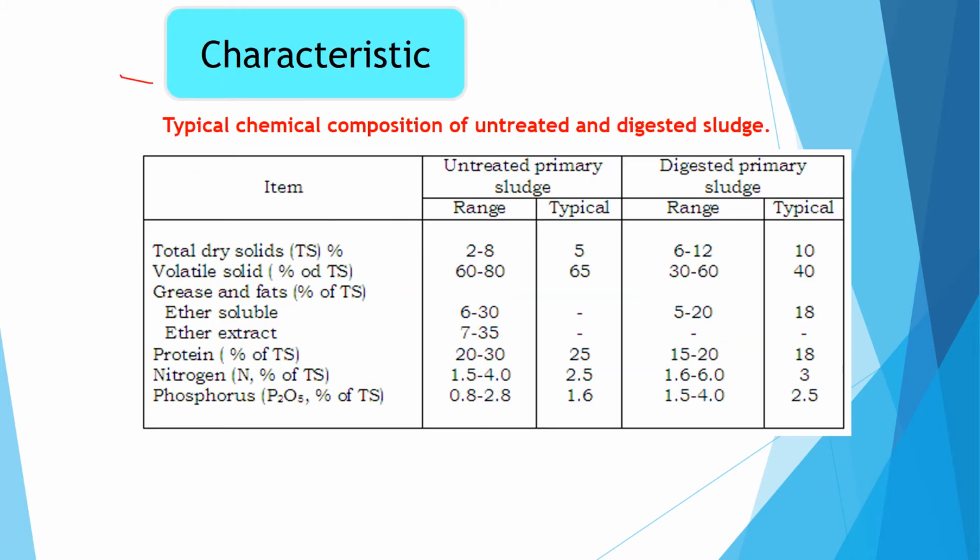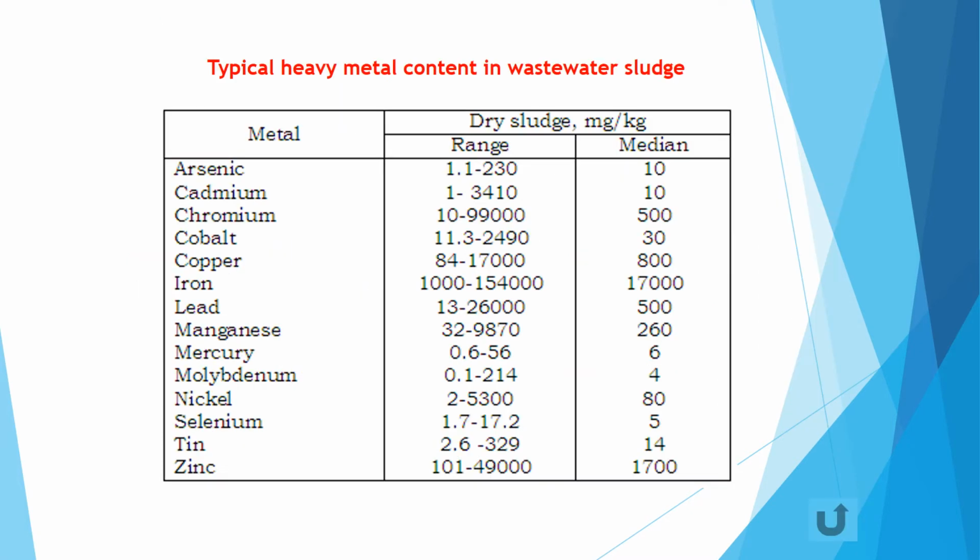Okay, next is the characteristic. The first is typical chemical composition, such as total dry solid, volatile solid, grease and fat, protein, nitrogen, and phosphorus. Okay, the next one is the typical heavy metal characteristic in the sludge.